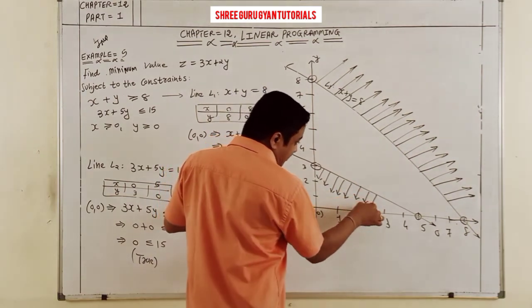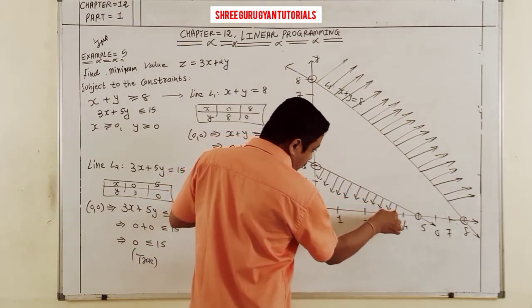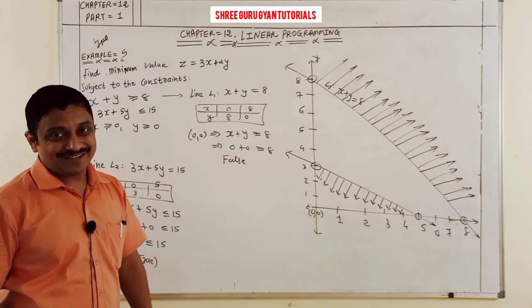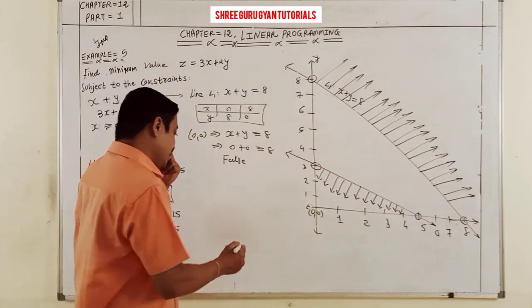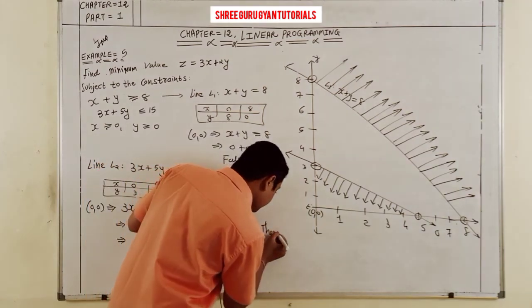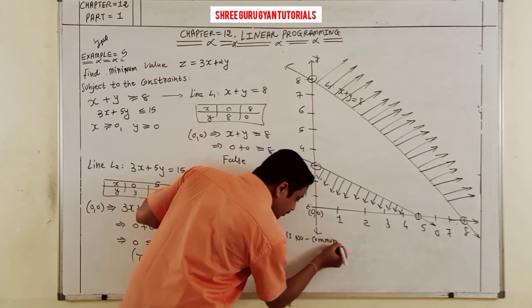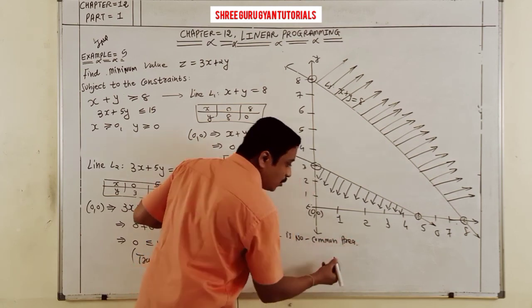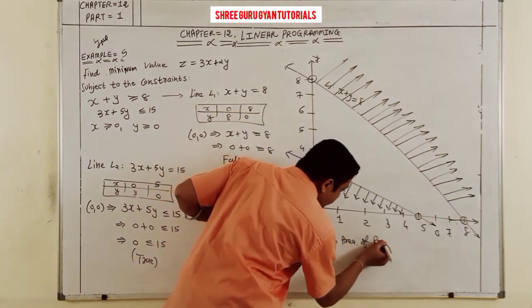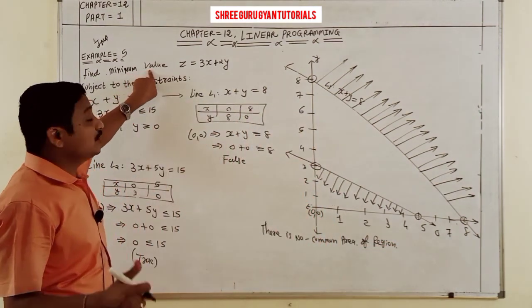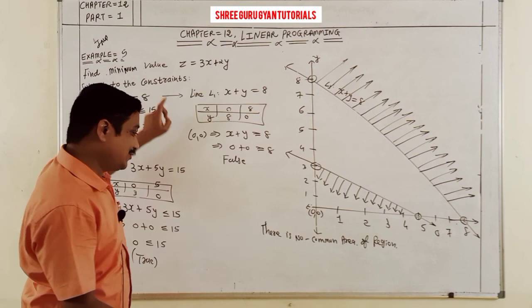Finally you will check that there is no common region between the first and second figures. So that's why I write down here, there is no common area or region. Therefore this Z has no minimum value, no maximum value.